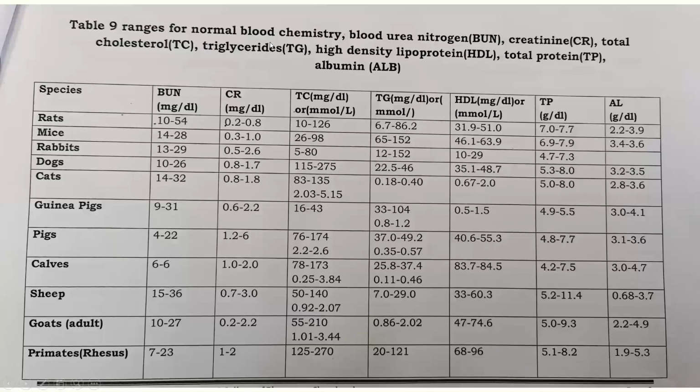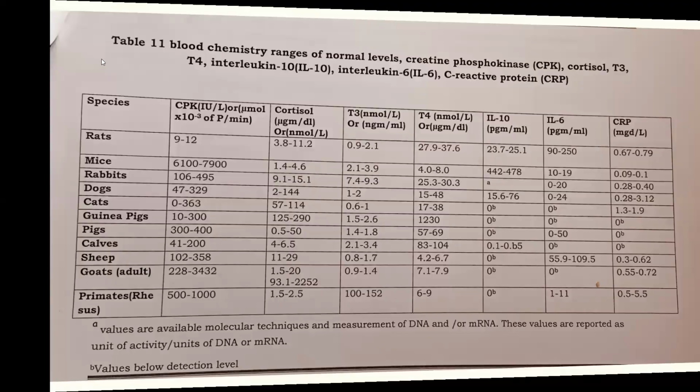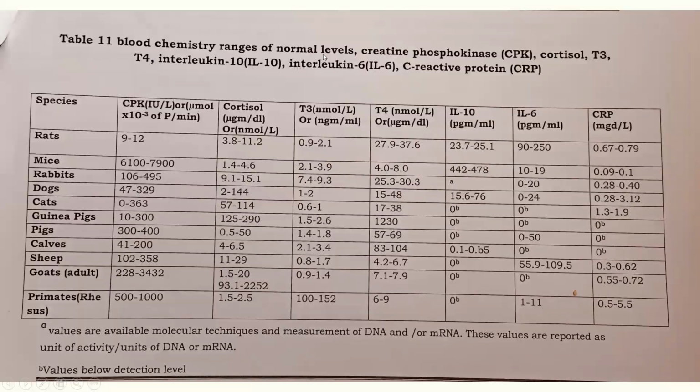Then these are the ranges of blood chemistry like BUN, then creatinine, total cholesterol, triglyceride, high density lipoprotein, total protein, and albumin. Then blood chemistry like creatine phosphokinase, then interleukin, C-reactive protein, all these things for molecular estimation or for molecular studies.